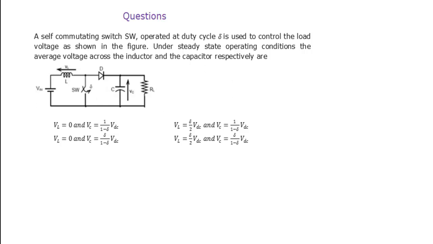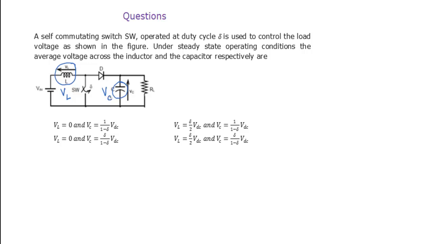So what is asked here? What is the average voltage that appears across this one? That means what is the VL, average voltage, and it asks about the average voltage across the capacitor.